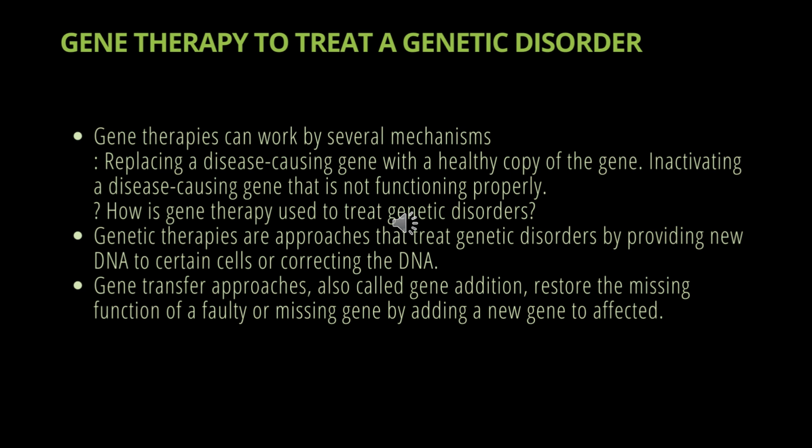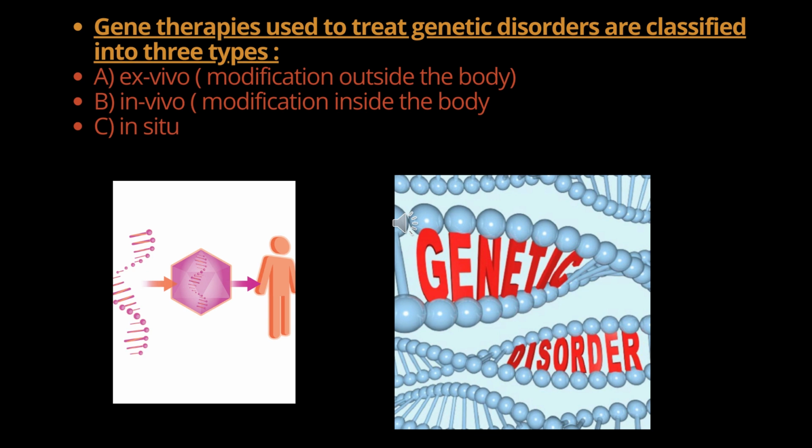It can work by replacing a disease-causing gene with a healthy copy of the gene, or inactivating a disease-causing gene, something like suppressing the disease-causing gene, and modifying it with the insertion of a new gene from another organism. So according to many researchers, gene therapies are approaches that treat genetic disorders by providing new DNA to certain cells or correcting the DNA.